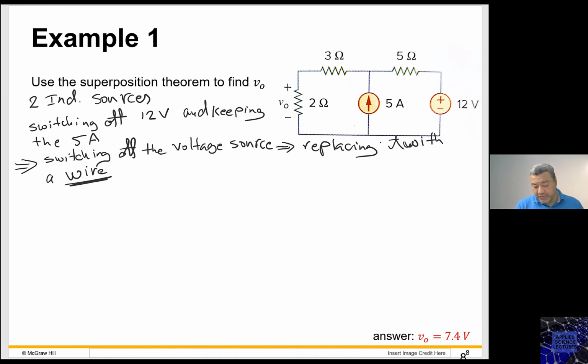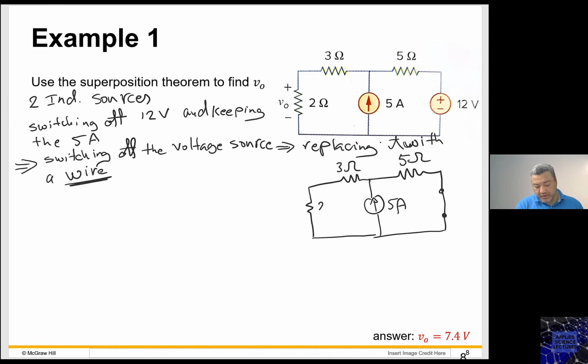So in this case, if I am to redraw the circuit now, this is 2 ohm. And now I will call this one V naught 1.